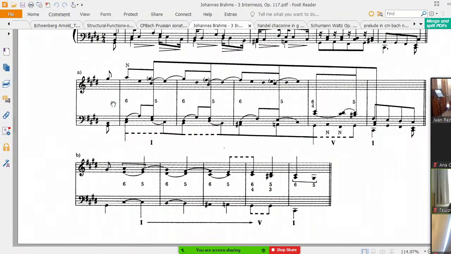So, this is a Schenkerian analysis. We're not going to go through that. But this part, yes. And then you have... Okay, that's structure. 1, 5, 1.